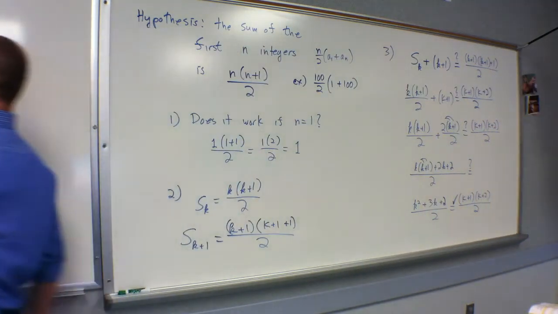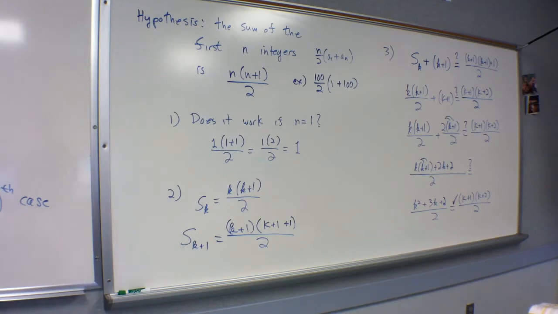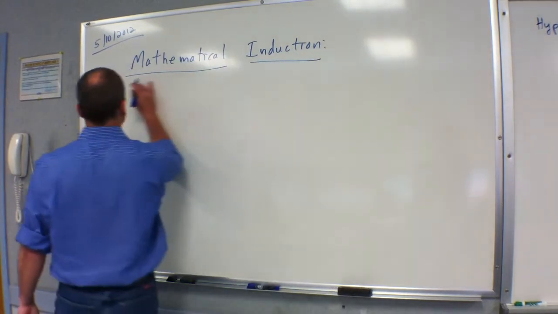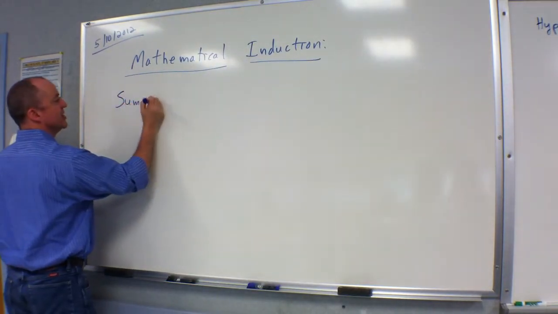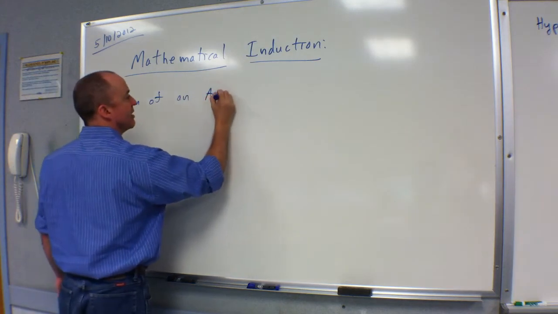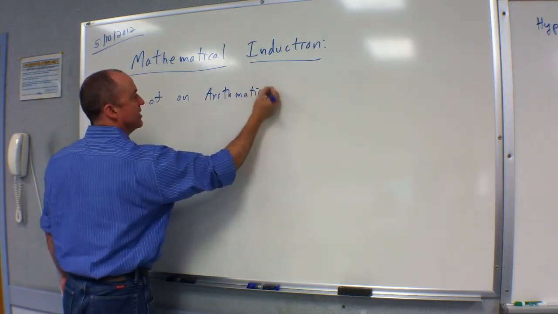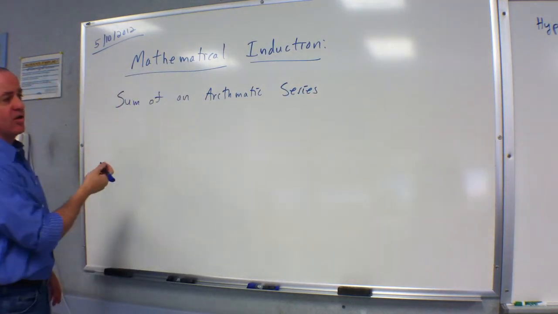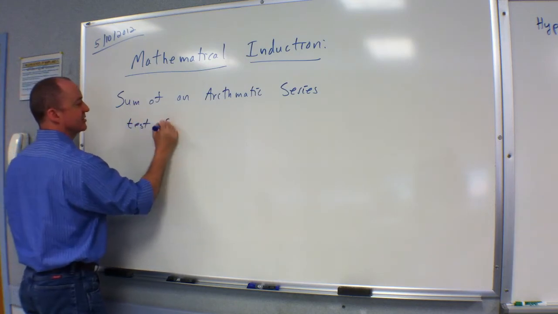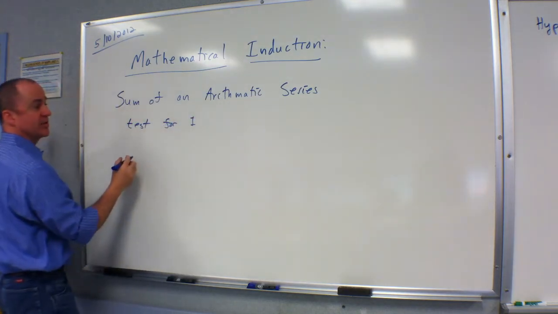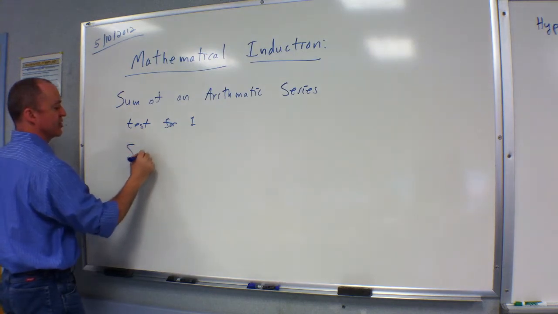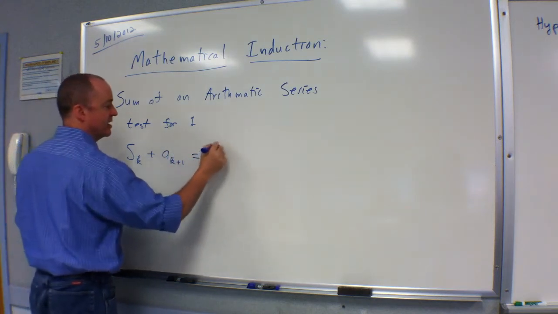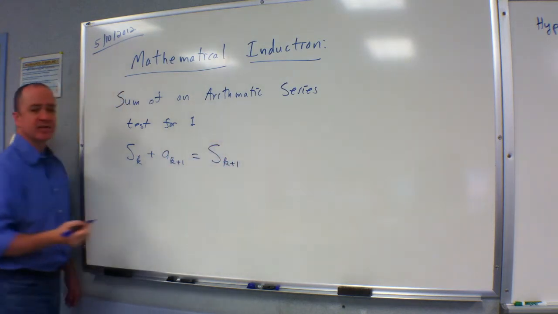Meanwhile, Tyler, follow me over here a sec. If you're trying to prove the sum of an arithmetic series, you'll always test for 1, and then as Joey observed, you'll always be trying to prove the sum of the first k terms plus the general k plus 1 term is equal to the sum of the first k plus 1 terms.